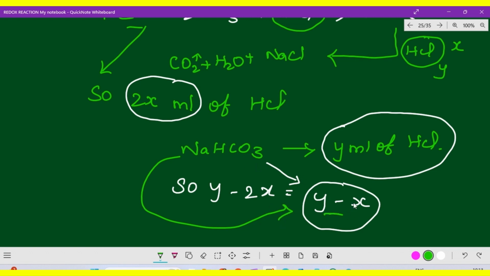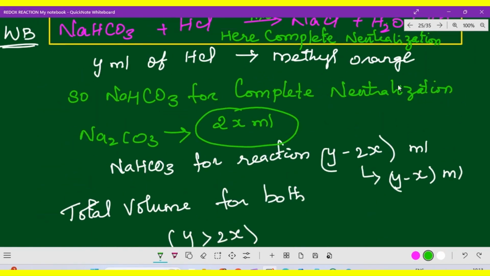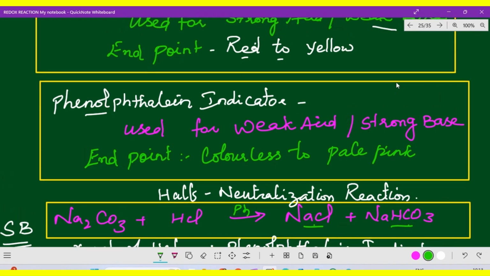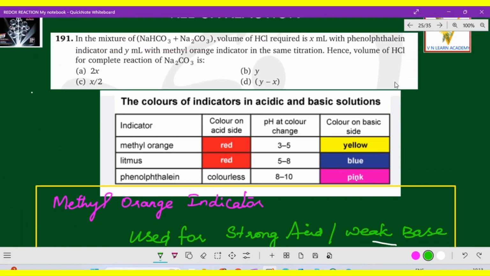Now in the question, how many moles of HCl are required for complete reaction of Na2CO3, they are asking, right? Hence, the volume of HCl for complete reaction of Na2CO3. For complete reaction to take place, it has to take 2 steps. First, Na2CO3 converted to NaHCO3.